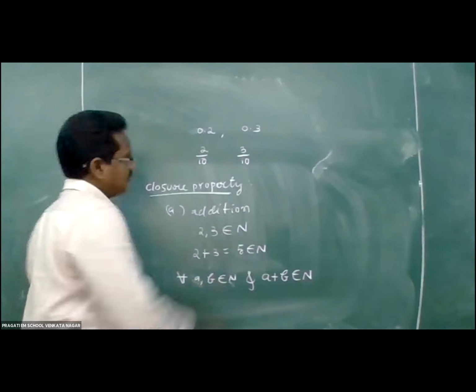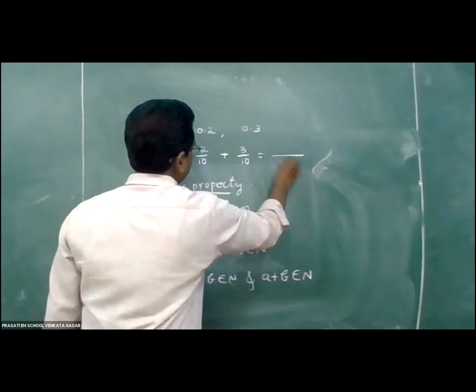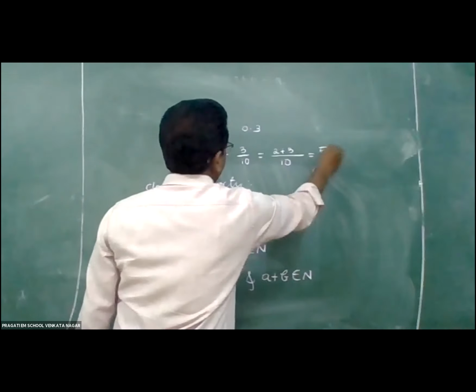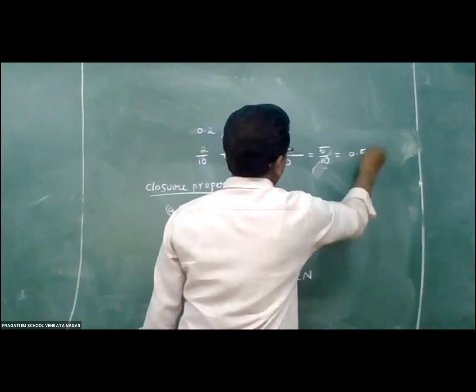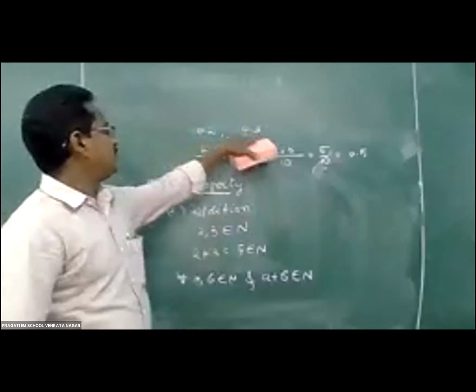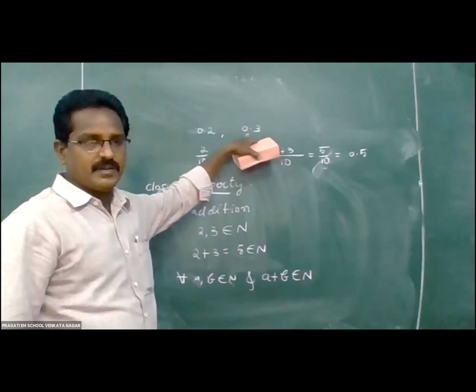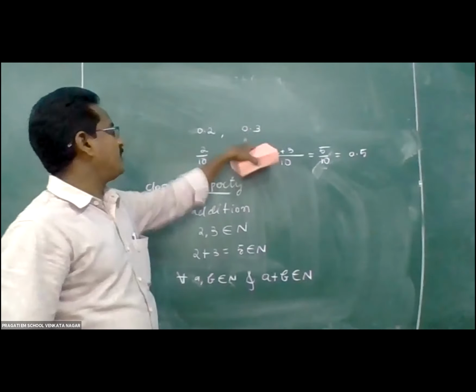These two numbers have the same denominator, 10. Here 2 plus 3 is equal to 5 by 10, and 5 by 10 is nothing but 0.5. So these numbers also satisfy closure property under addition.